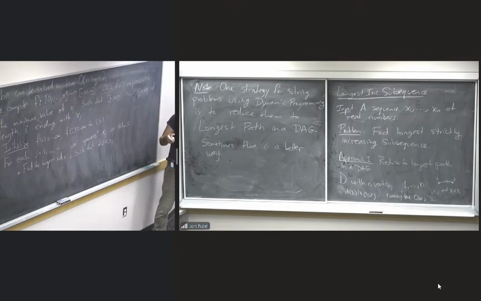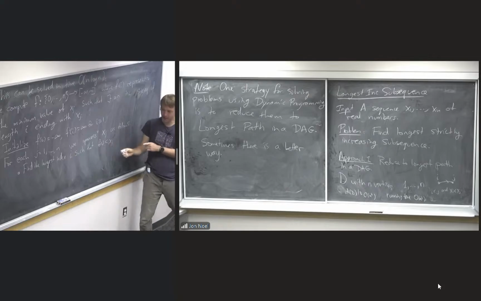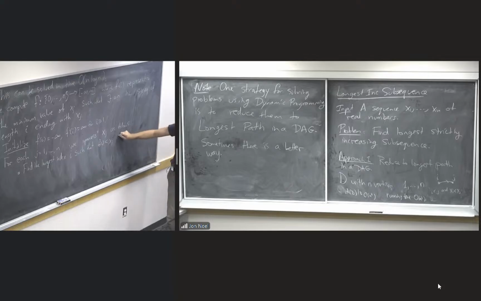biggest such index. Now this actually sounds expensive because if I just took like I equals 0, I equals 1, I equals 2, I equals 3, and I computed them and checked if it's bigger or not, that's going to take, now I'm going to get quadratic time. But the nice thing about this is that this can be done using a binary search.